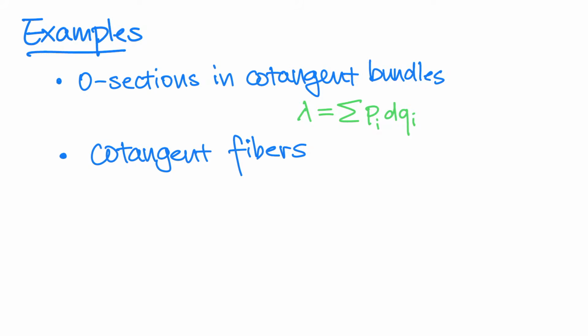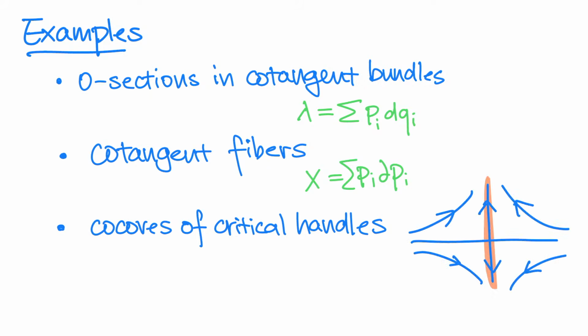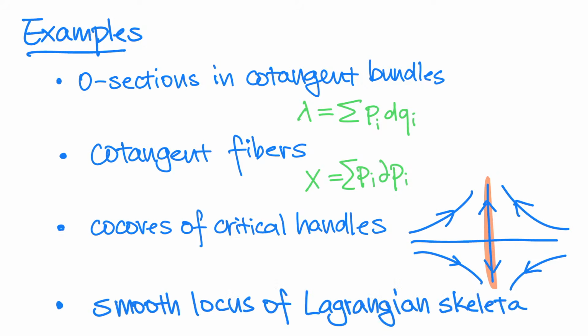Cotangent fibers are also regular, because the Liouville vector field is tangent to the cotangent fibers. More generally, we have cocores of critical handles. These are also regular because, as you see in the Weinstein handle local model, the Liouville vector fields are tangent to the cocores. And more generally, the smooth locus of Lagrangian skeleta. Okay.